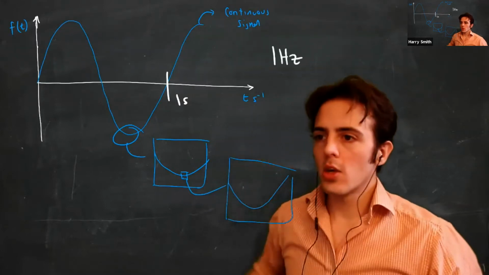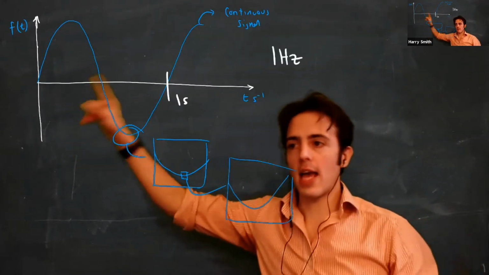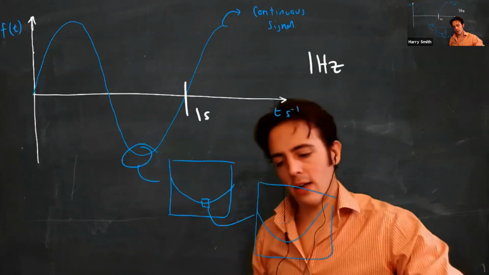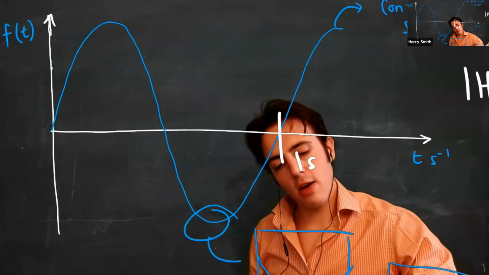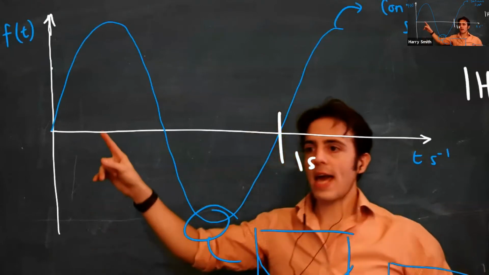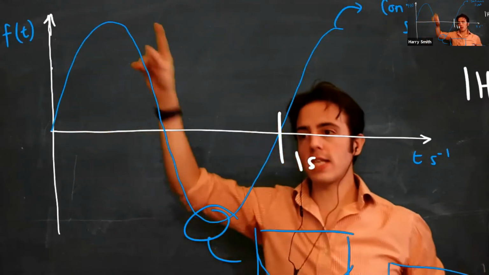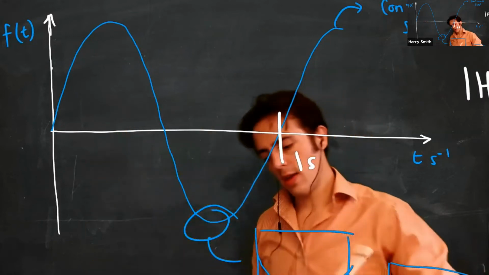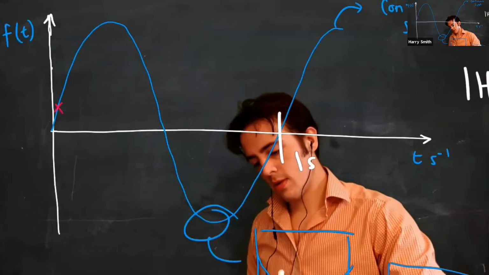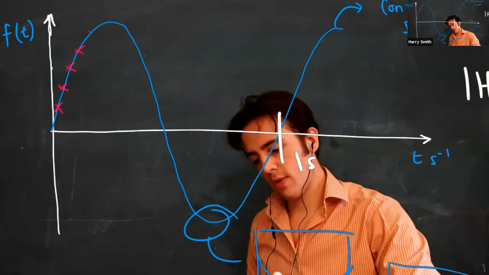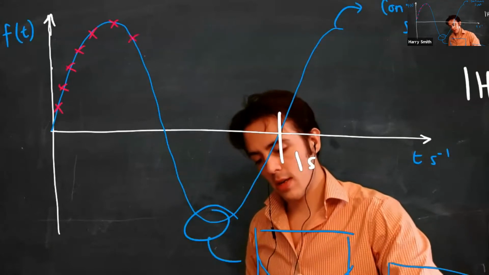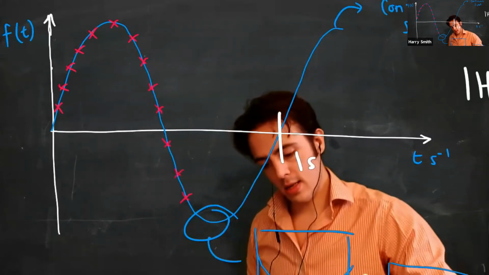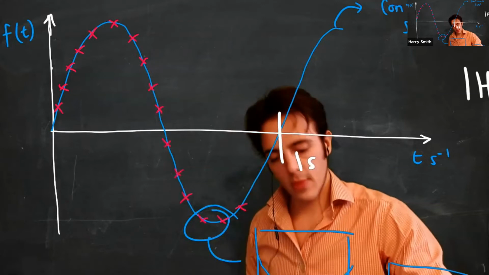So let's say, for example, I'm going to sample this signal using my analog to digital converter. Now, my analog to digital converter has no idea what this signal looks like. All it can do is take samples. It can take a sample multiple times of whatever the signal value happens to be, and so on.